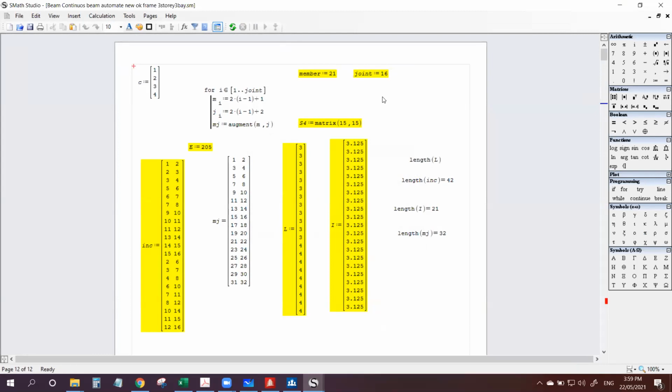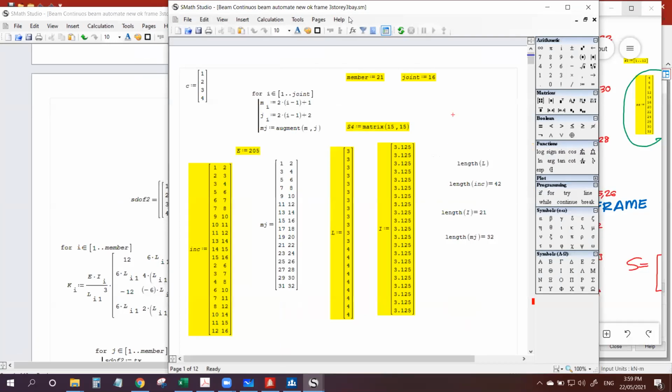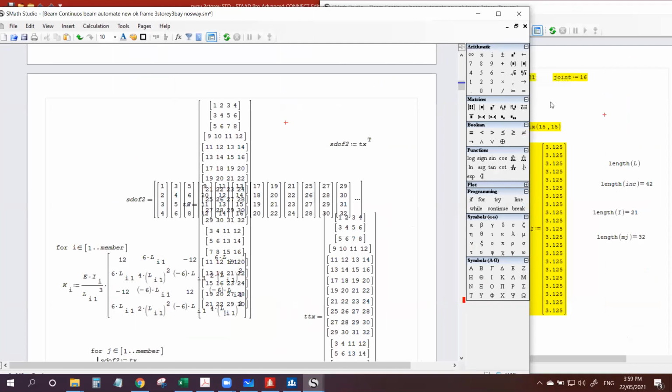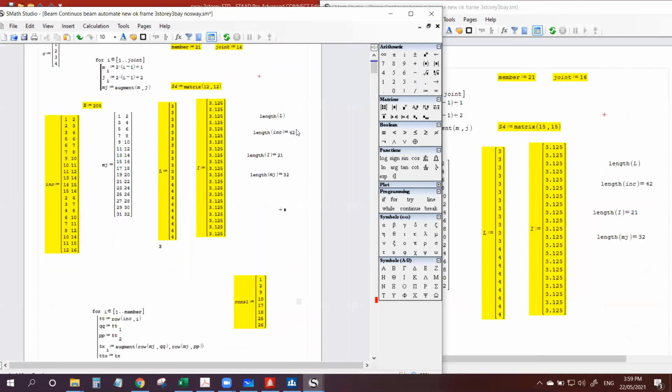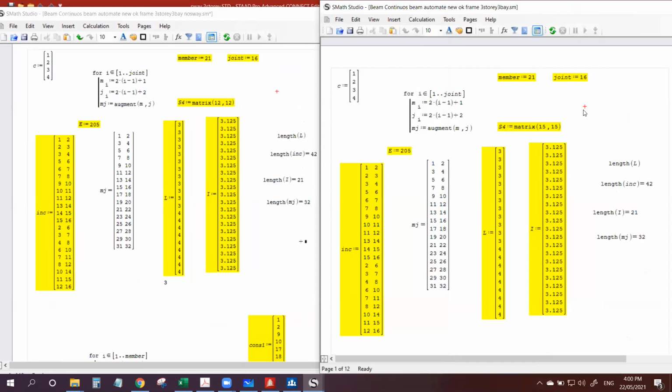So still the same, no? Same member, same joint. Now, how can we view these two side by side to differentiate? This is the non-sway. As you see here, can you see the difference now?